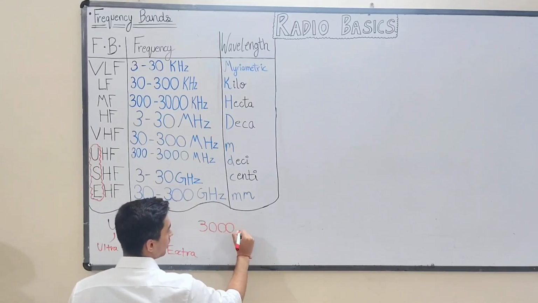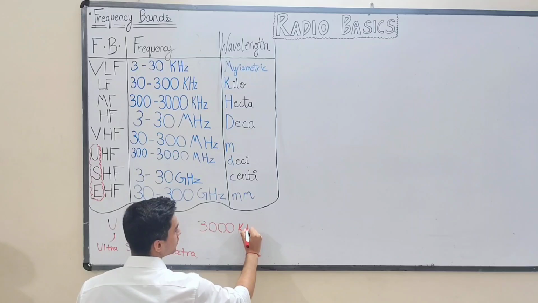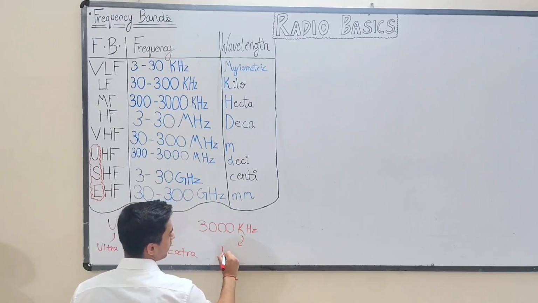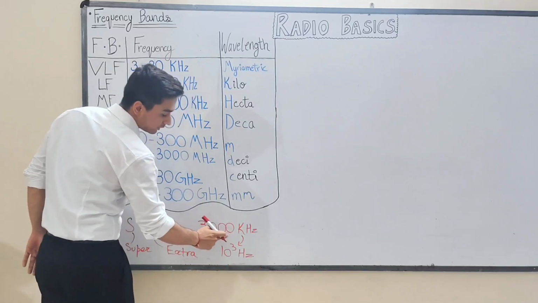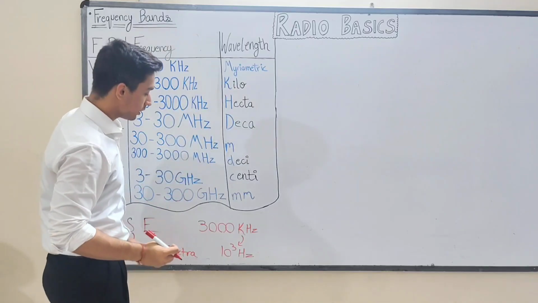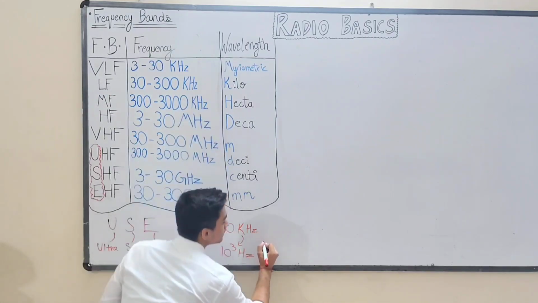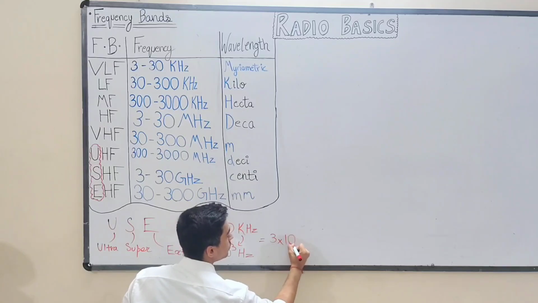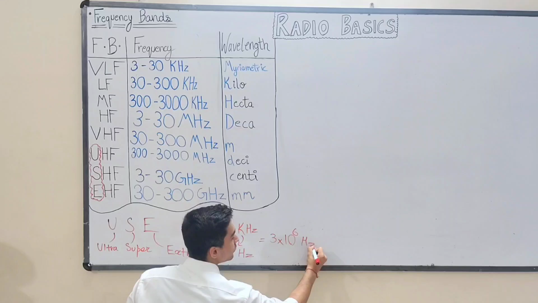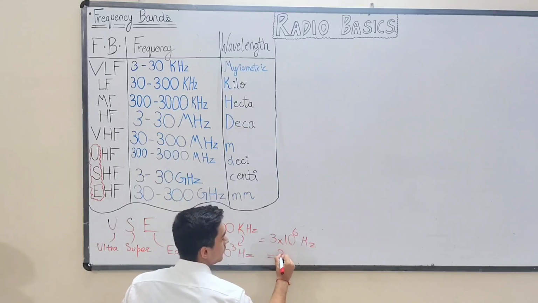3000 kilohertz. Now, kilo can be defined as 10 raised to power 3 hertz. And if it is 10 raised to power 3 hertz and it also contains 3 zeros in it, then it becomes 3 into 10 raised to power 6 hertz, or which you can write as 3 megahertz.